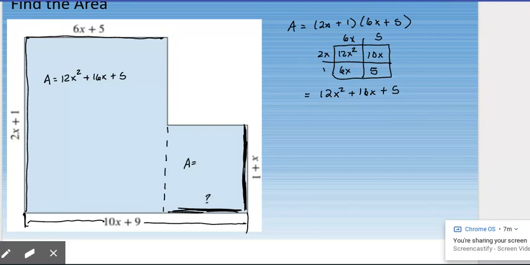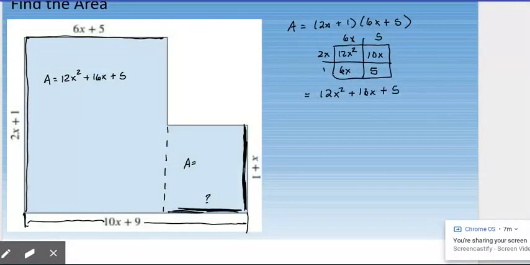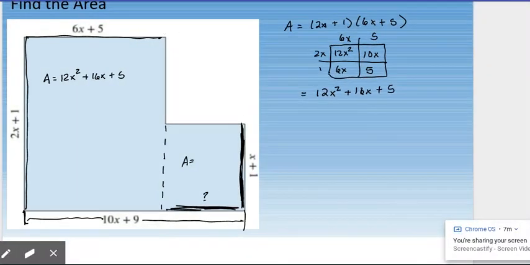So I'm actually going to have to do a little subtraction problem. On this top side, this portion of it is 6x plus 5, and I'm just missing the rest of it, this little piece here.